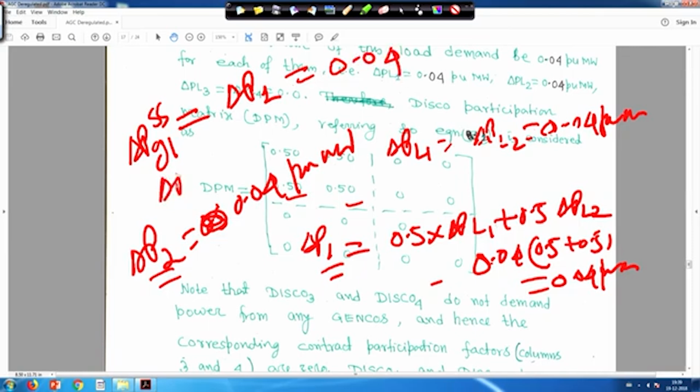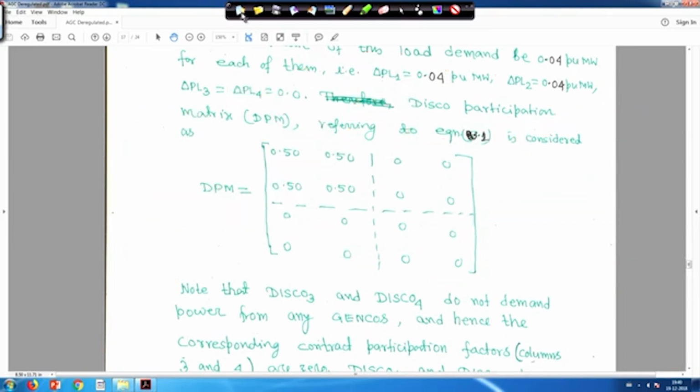Similarly, at steady state delta Pg2 is equal to delta P2 is equal to 0.04 per unit megawatt. This has to generate at steady state.